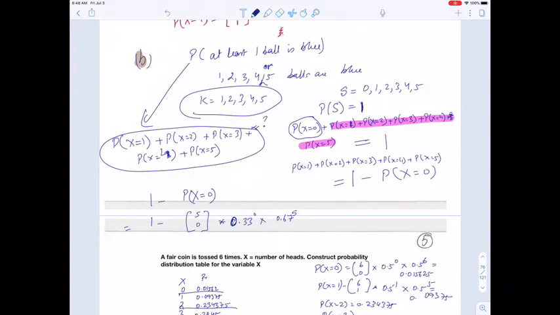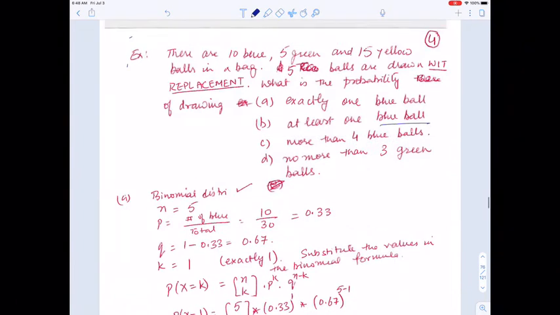So that is 1 minus 0.1350, which is equal to 0.865. If I've done the math right, this is what our answer is. Hopefully you feel comfortable with this formula.